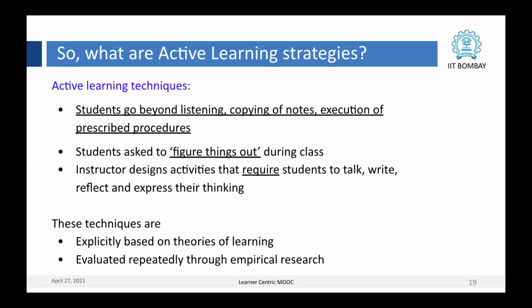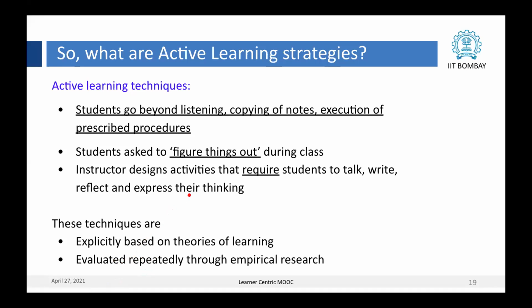So you can try it out once, twice, thrice, 10 times, or with a different set of students, and then you can observe if the same thing is giving the same benefit. This is how you can evaluate with repetition of your techniques.